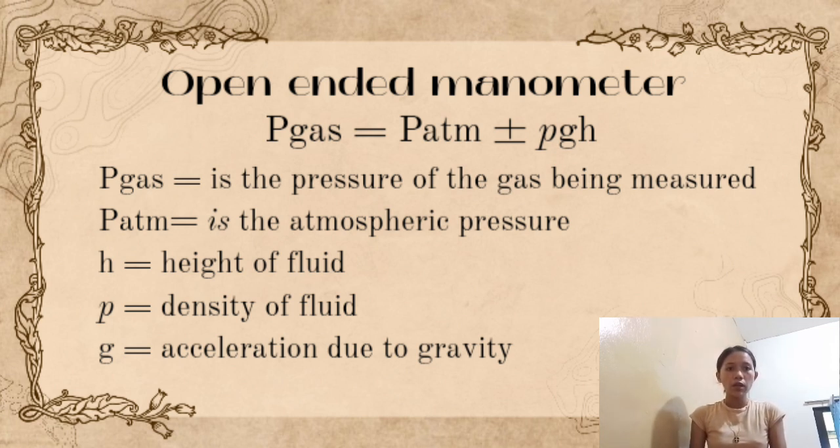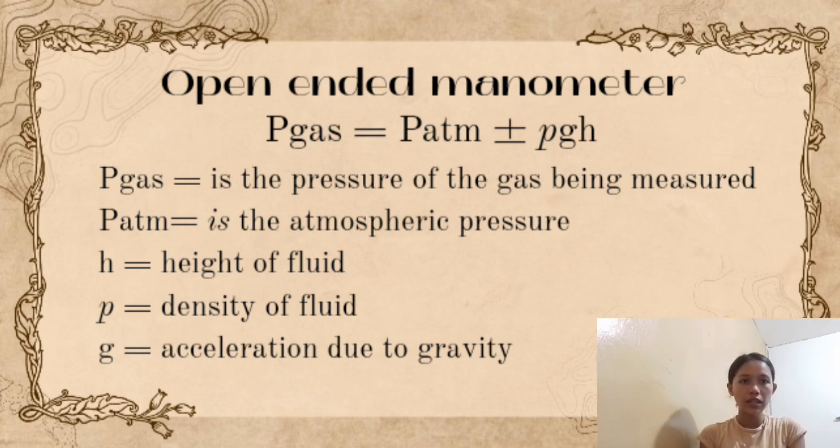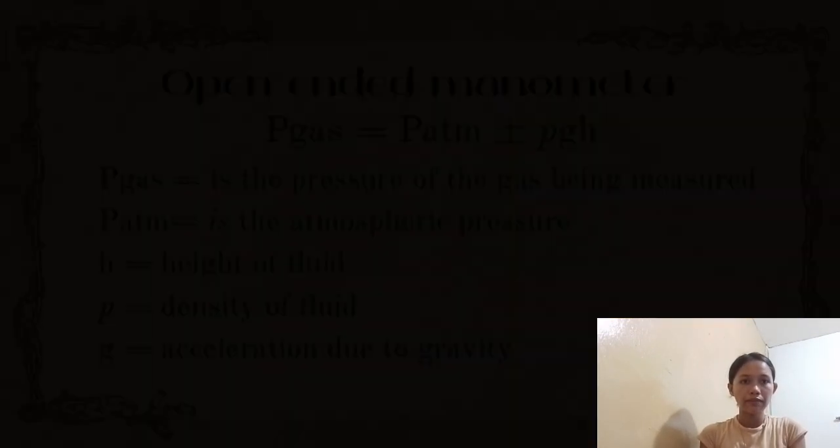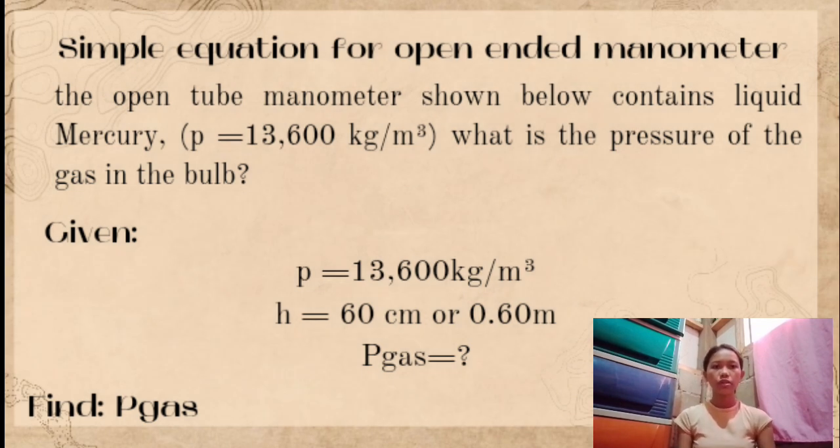In solving an open-ended manometer, we use this formula, wherein P gas is equivalent to the pressure of gas, P atm is the pressure of the atmosphere, all together with the barometer equation, which is h, the height of the fluid, rho, the density of the fluid, and g, the acceleration due to gravity. So let's say, for example, a given equation of an open-ended manometer.